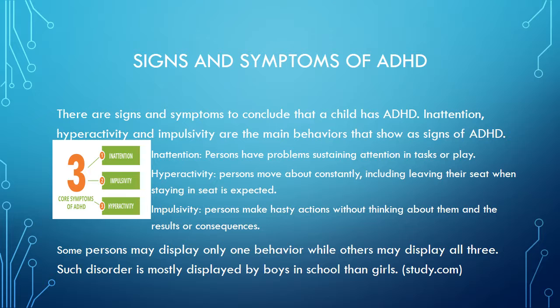Hyperactivity: persons move about constantly, including leaving their seat when staying in seat is expected. Impulsivity: persons make hasty actions without thinking about them and the results or consequences. Some persons may also display only one behavior while others may display all three. Such disorder is mostly displayed by boys in school than girls, according to study.com.